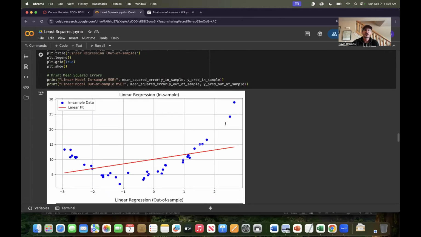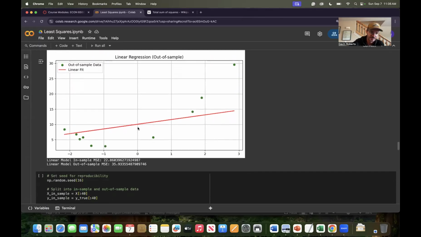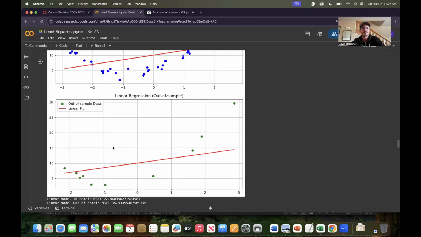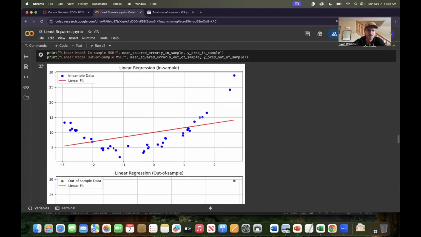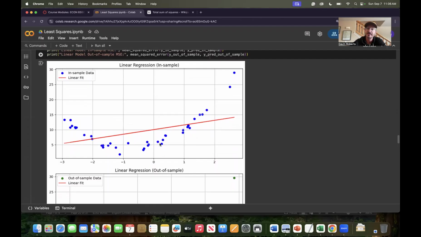But let's look at this goodness of fit criteria. I've done two things. One, I've estimated this model on a sample of data. But then I've taken the same underlying parameters, simulated new data, and applied this model to that new data to test the out of sample fit.